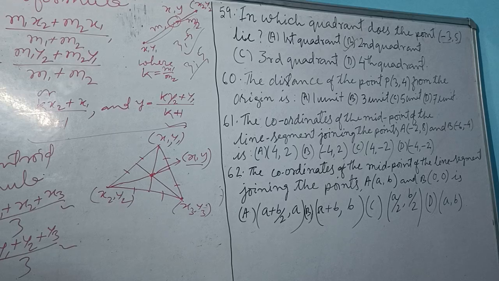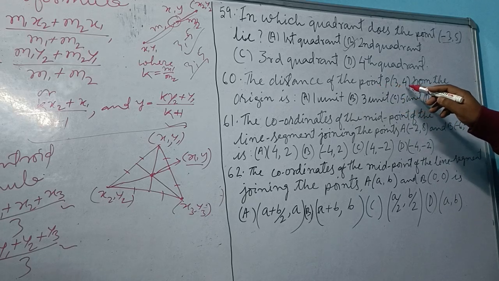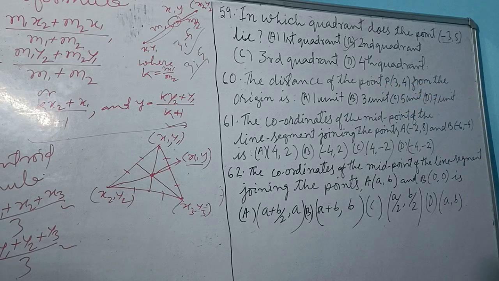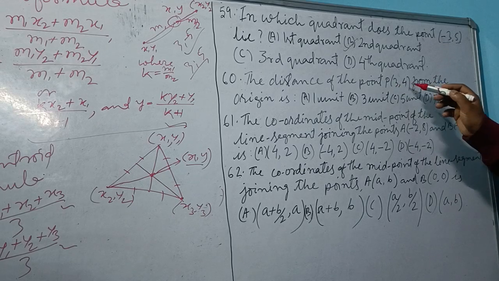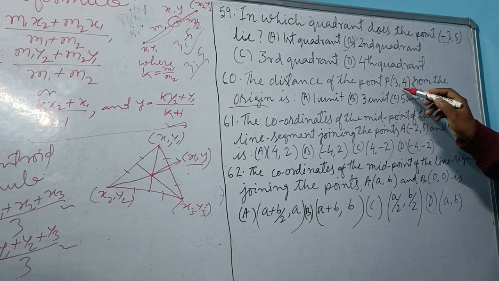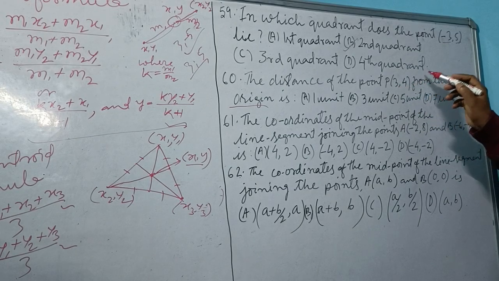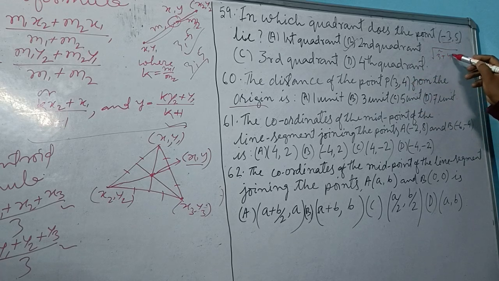Remember that. Now, the distance of the point P(3, 4) from the origin is what you need. You just need to know the formula. I say distance from the origin: you have to do the square root of this point, under root. So 3 square plus 4 square.